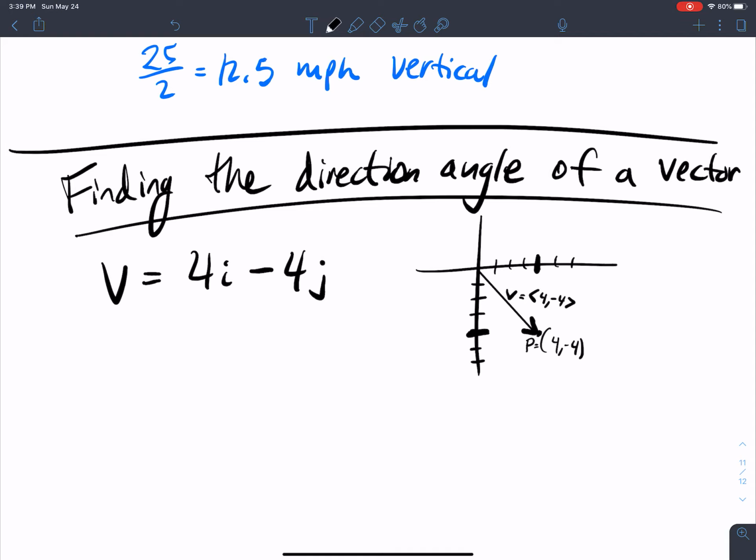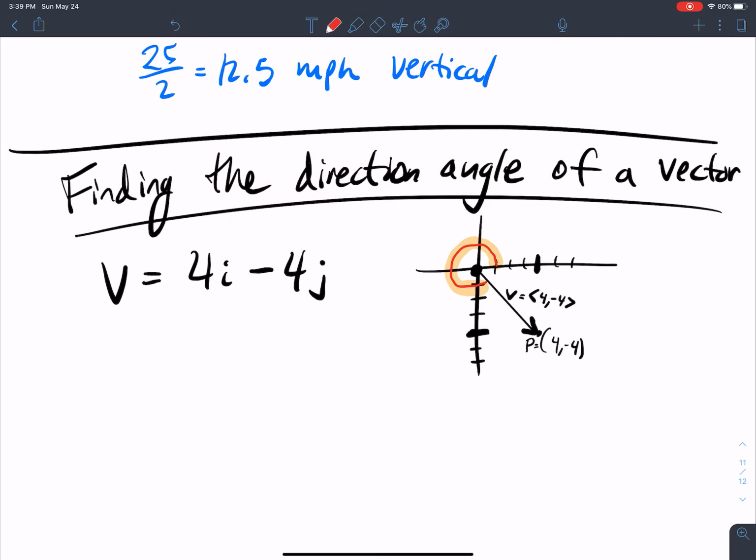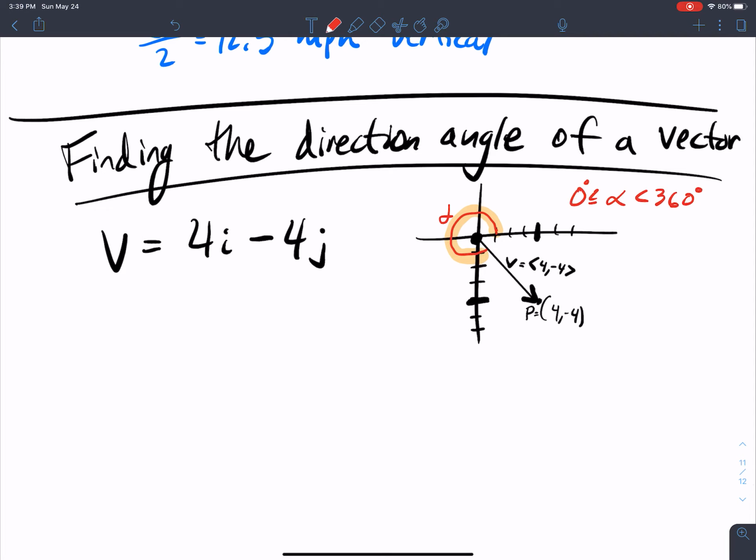Okay, now alpha is this angle going through here. So how do I find alpha here? Because remember alpha is between 0 and 360 degrees. Okay, well how do I do that? Well, I can actually use trigonometry here.